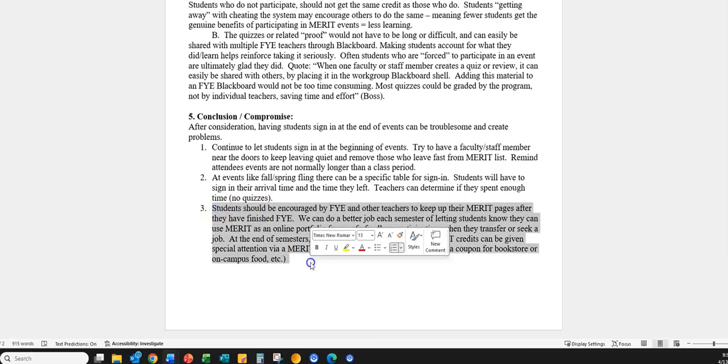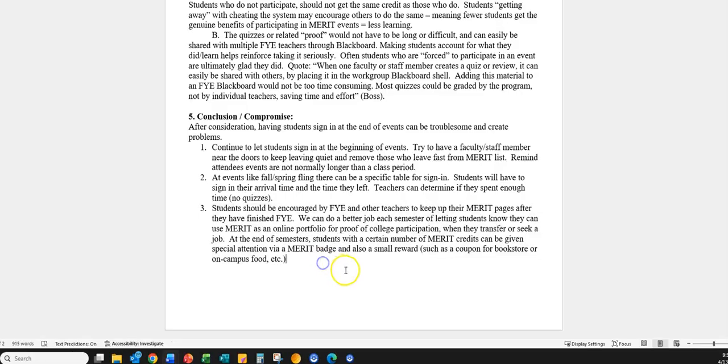And lastly, and this is something I actually wish we would do on campus, is use the merit system outside of FYE. When it was introduced to us, it was introduced as this portfolio that you would have across your time here, and things would be added, and you could show it off to other colleges and so forth. But we don't really use it here that way. We tend to use it just for the FYE class, and nobody thinks about merit outside of FYE.